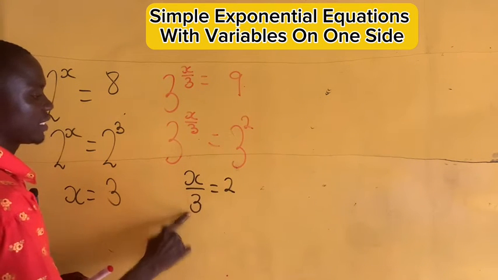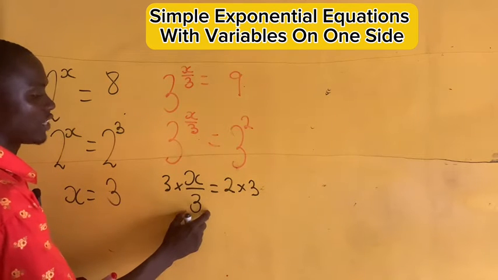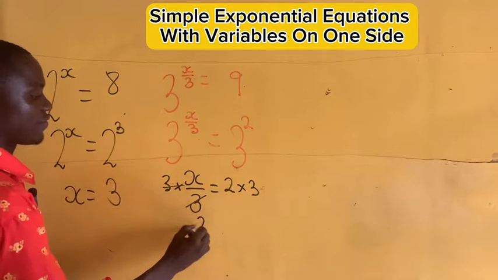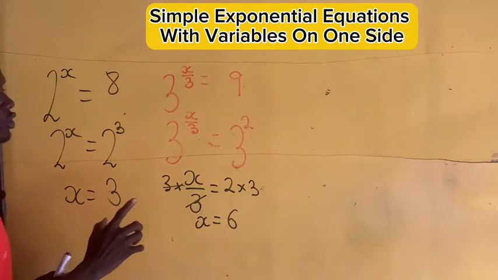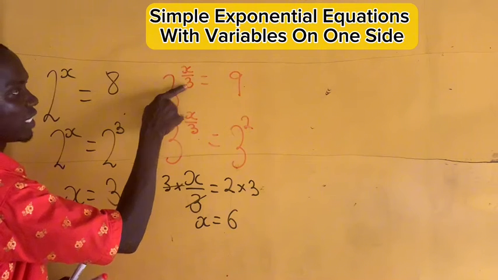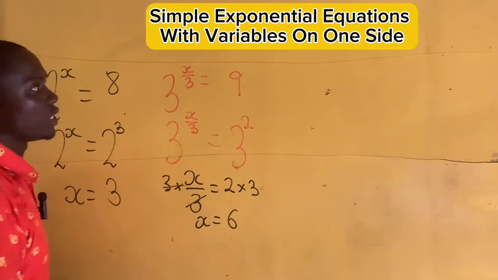And here 3 will multiply both sides because 3 is the LCM. So this 3 will cancel this 3 and I have x equals 6 in a very simple way. So you see that if we put 6 here, 6 divided by 3 is 2, and 3 exponent 2 is 9.